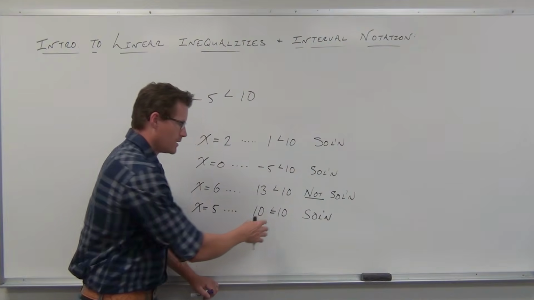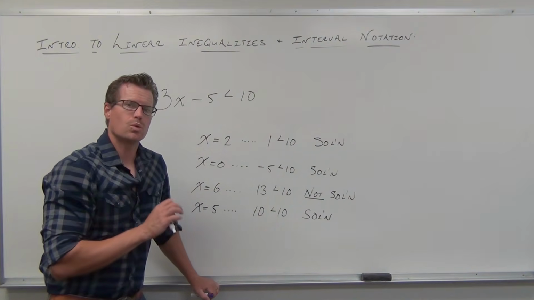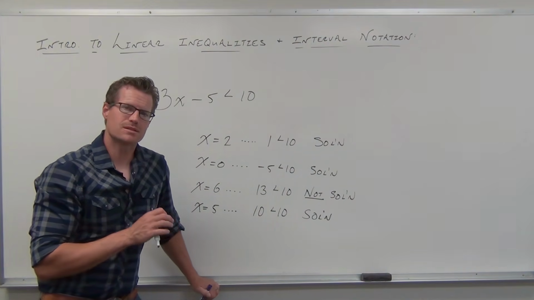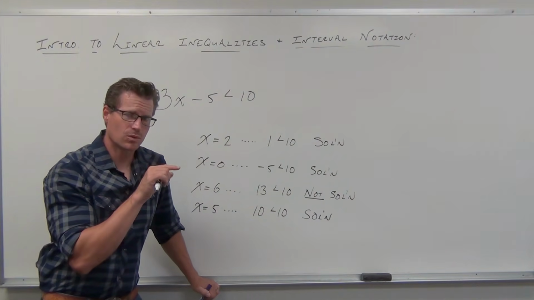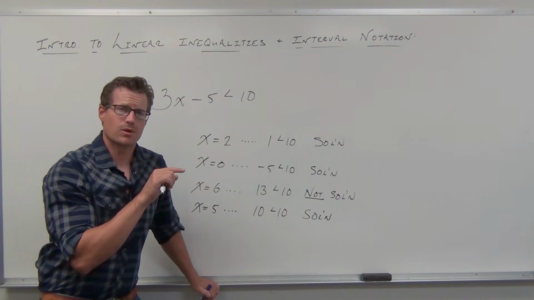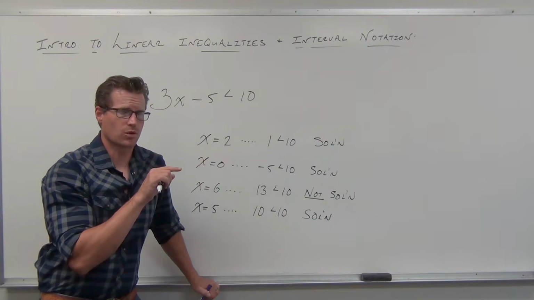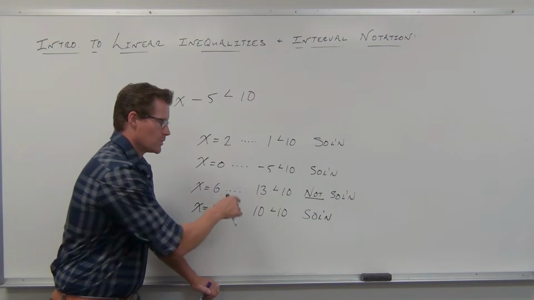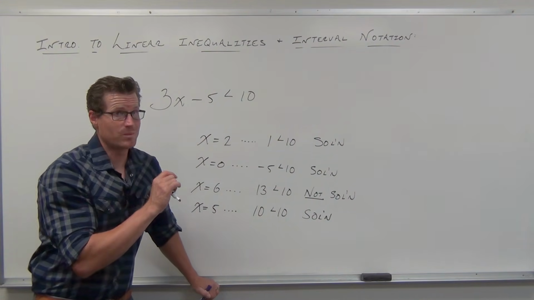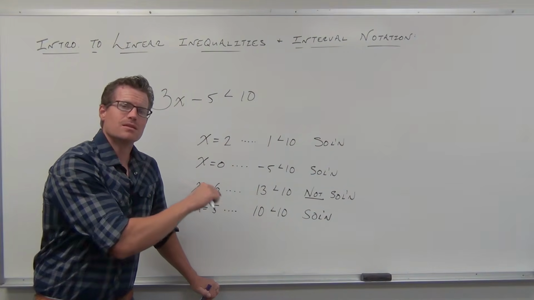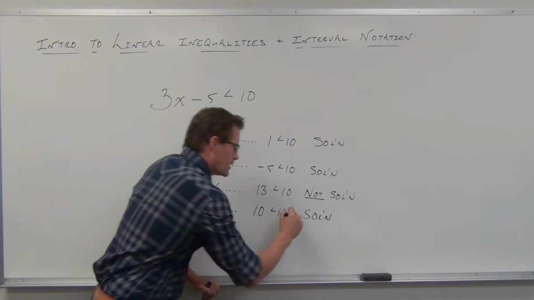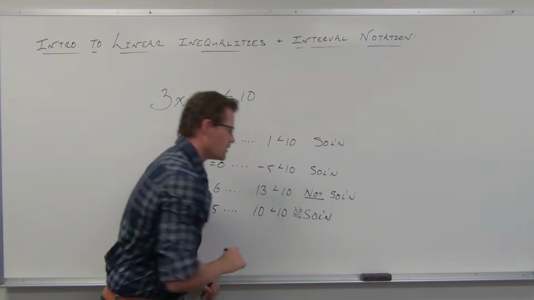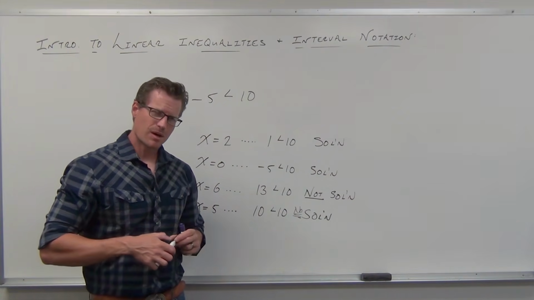It's more than 10. This is no longer a solution. So that's the difference between inequalities that have the equals, less than or equal to, greater than or equal to, and inequalities that don't. Less than or greater than is whether or not we include the single number that would be found by solving an equation in the solution set. Here this would be no solution.